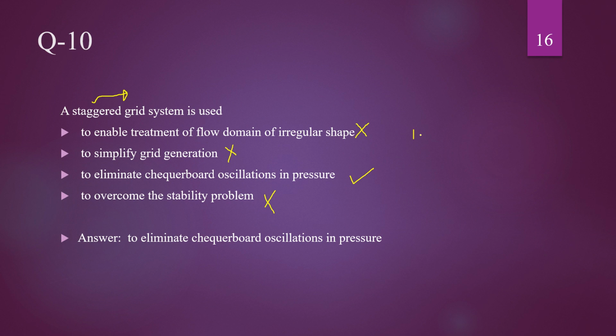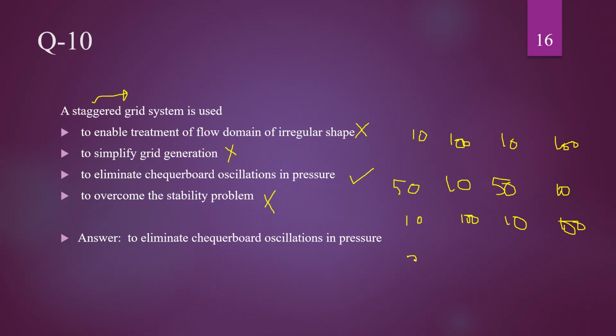So for example, consider a grid where we have the values of pressure, and consider we are solving for pressure, for ∂P/∂x. I mean we are discretizing for pressure at i, j.